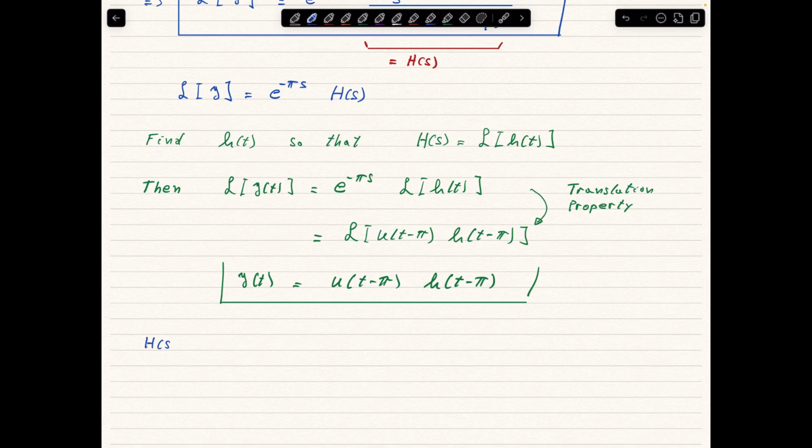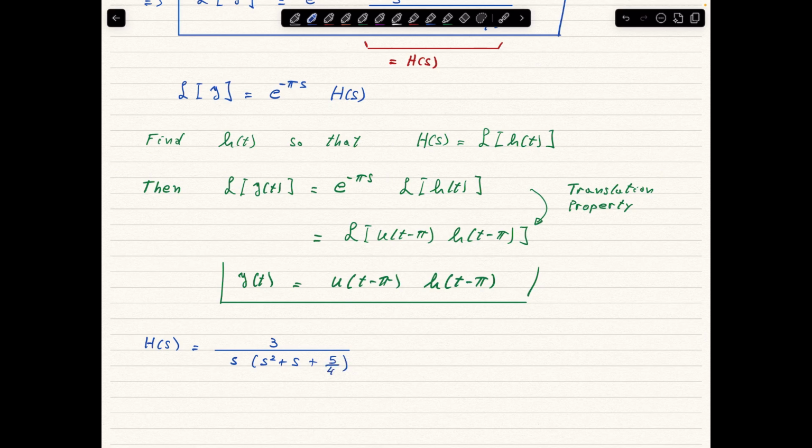big H of s, which we said is 3, and then down here we have the factor s coming from the right hand side, and then the factor s squared plus s plus 5/4 coming from the left side.